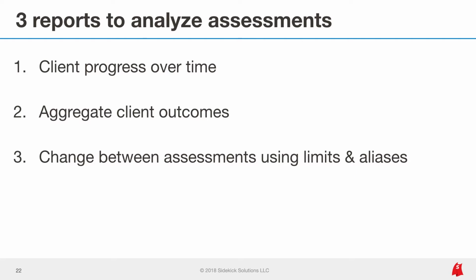So in aggregate, when you look at all of your client assessments that have been collected, or maybe all of them at a specific frequency, reporting out on an average for all clients or total score for all clients, that's what I mean by an aggregate client outcome report. Third is to take a look at the change between assessment scores. There are 2 ways to do this, and we'll get into that when we take a closer look. So let's get started with the client summary report.